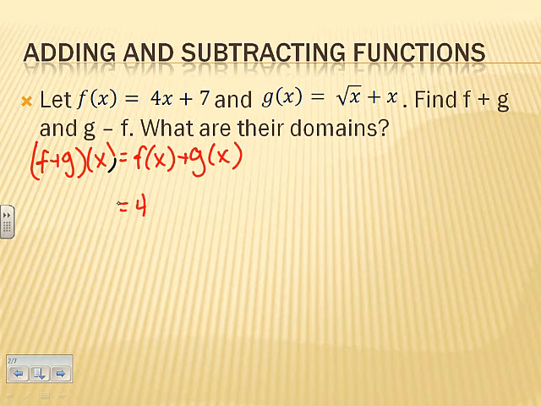So if the f function is 4x plus 7, and then I add to it the g function, which is the square root of x plus x, then you put it in order. 4x plus x makes 5x plus the square root of x plus 7. This is the order it goes in because this has a power of 1/2. A square root, remember, means a power of 1/2, and then this has no power. So it goes from 1 to 1/2 to 0.